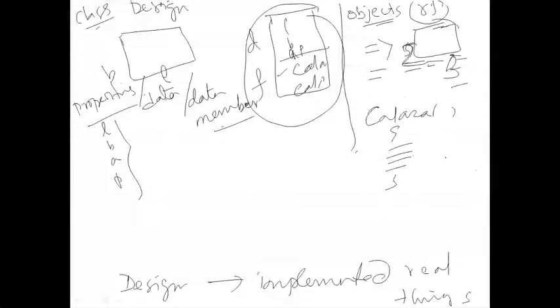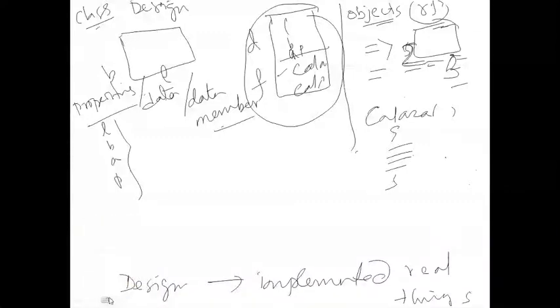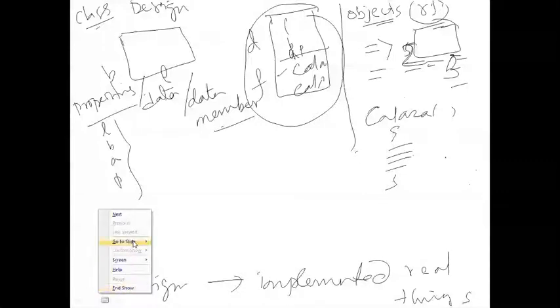So this is object oriented programming, creation of class. So we have a circle class, and we have a design, data member and function.